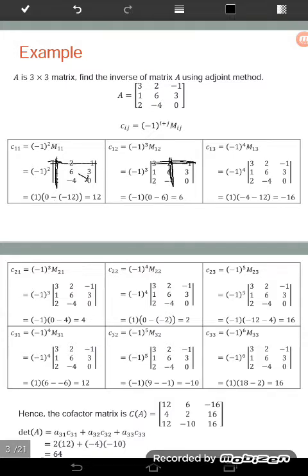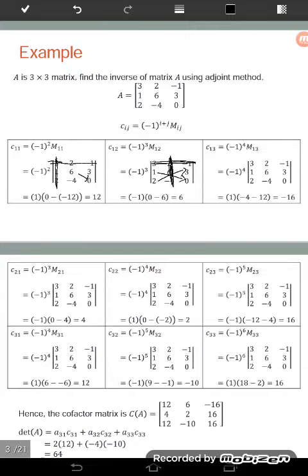Okay, so tutup first row dengan column 2. So it is the determinant of matrix 1 3 2 0. Calculate: -1 to the power of 3 is -1, and then 1 times 0, which is 0, minus 2 times 3, which is 6. Therefore -1 times -6, which is 6.